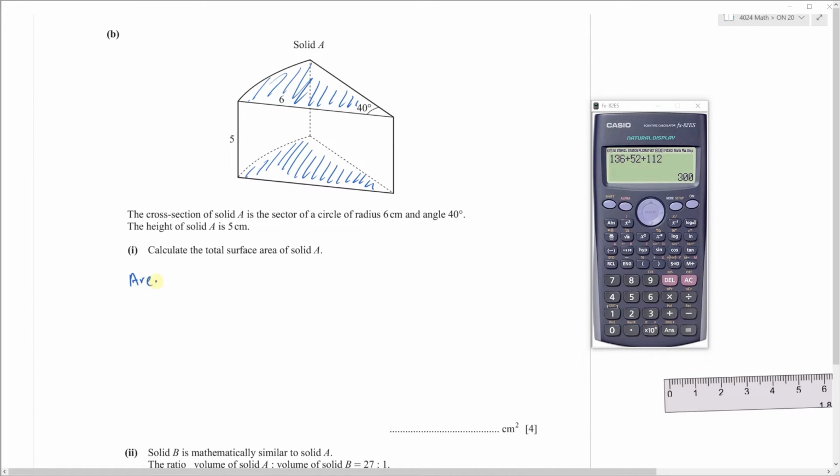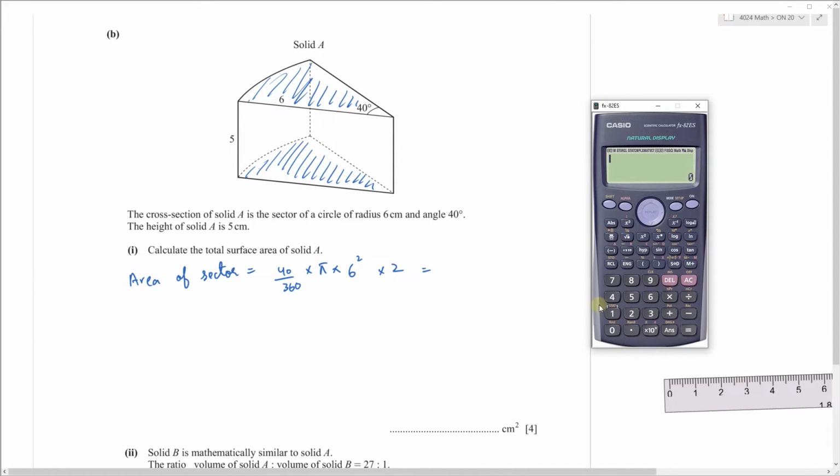So let's call it the area of sectors. This will be 40 over 360 times pi r squared, where r is the radius, 6 centimeters, squared. Then I will multiply it by 2 because there are two such sectors, one on the top and one at the bottom.